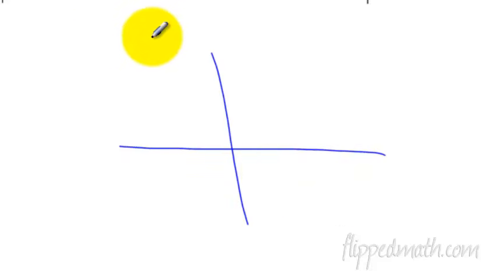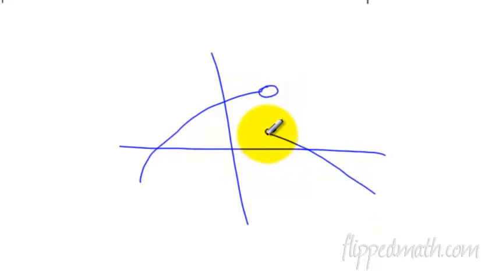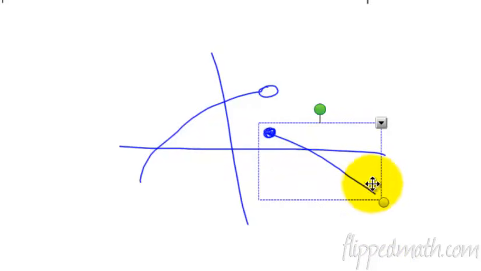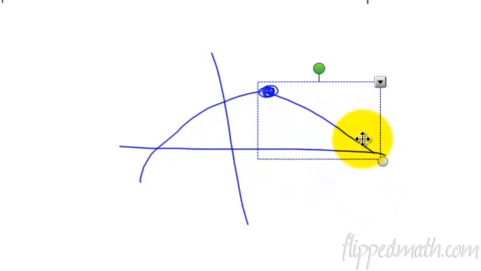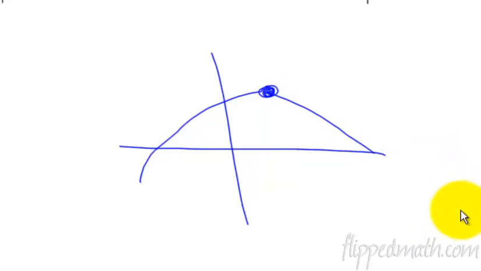I'm not going to draw a graph of these, but if I had a piece here and it was an open circle and another piece here and this was a closed circle, those are obviously not continuous. But if I could take this thing and shift it up like that and put it right there, then it would be continuous. So what does that mean?